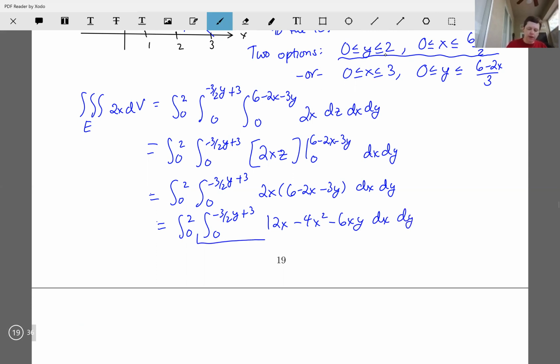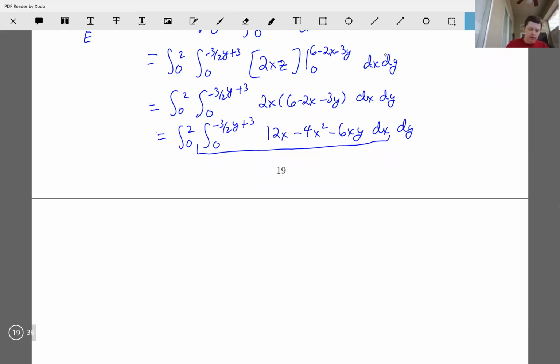Now remember, we're next integrating with respect to x. When I integrate with respect to x, I get 6x squared minus 4/3 x cubed minus 3x squared y, and again evaluate at the limits, dy.